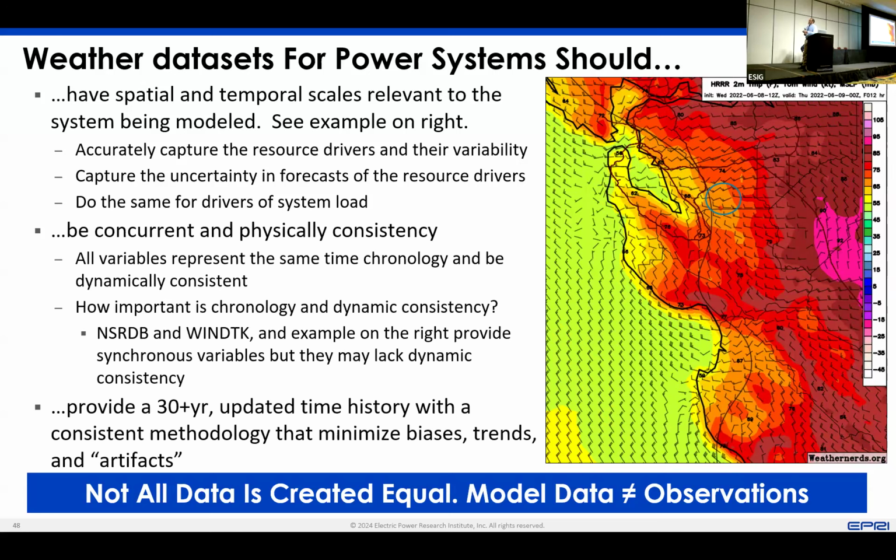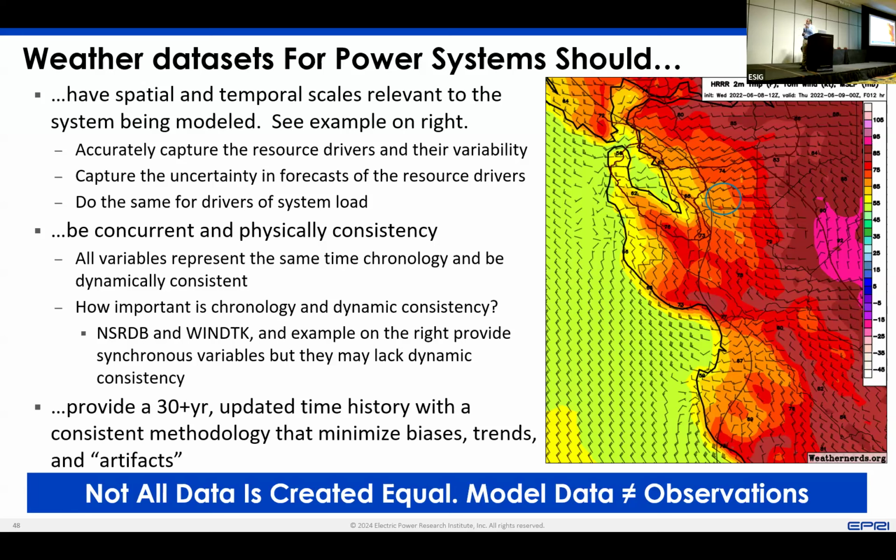And this is impacting the amount of wind energy that's being produced over here in the Altamont Pass area. It's also likely to be affecting the cloud field over this whole region here, where there's tremendous amounts of distributed solar. So you've got all three impacts on this one picture that are different across different models.